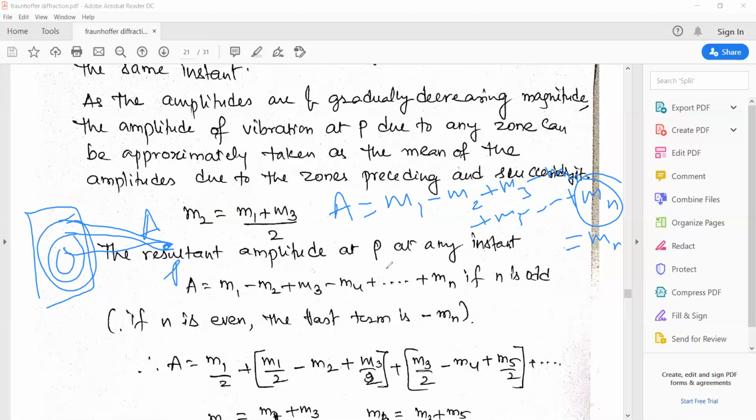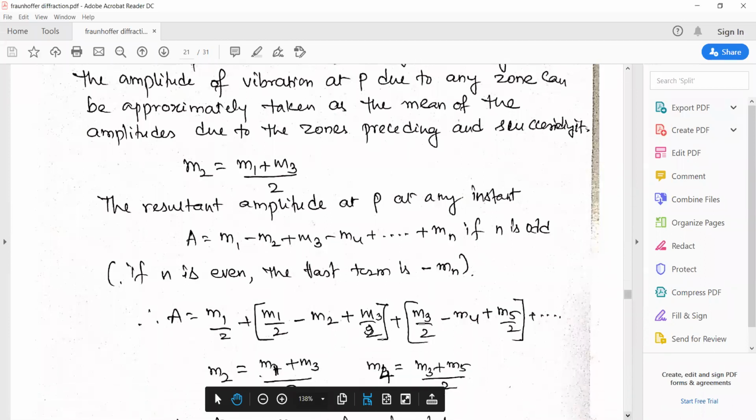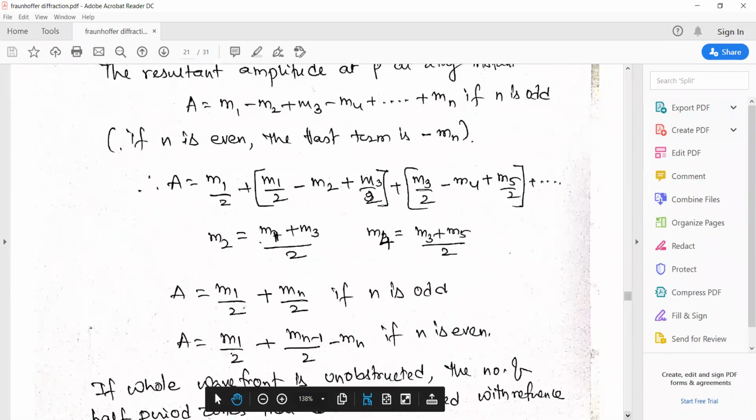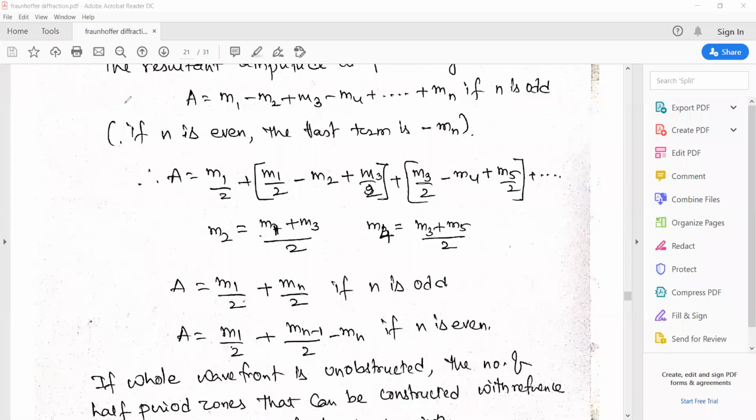So for this term, I will just rearrange it. You see how I am doing this. M1 can be written as M1 by 2 plus M1 by 2.